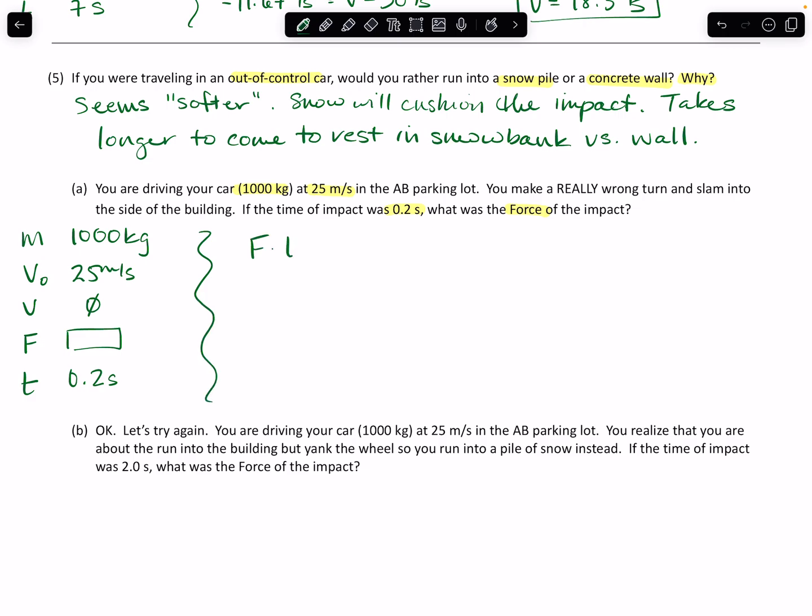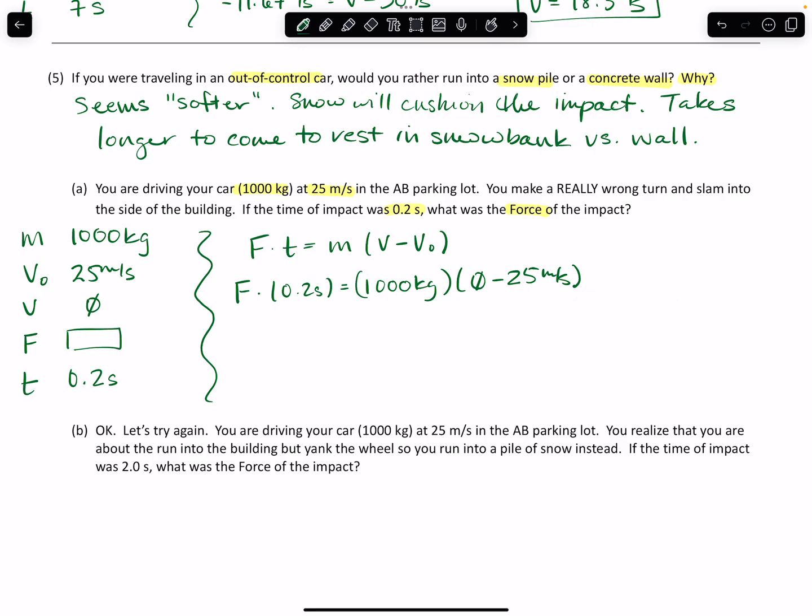All right, so force times time is equal to mass times the change in velocity, so v final minus v initial. Force times 0.2 seconds is going to be equal to 1,000 kilograms times 0 minus 25 meters per second.